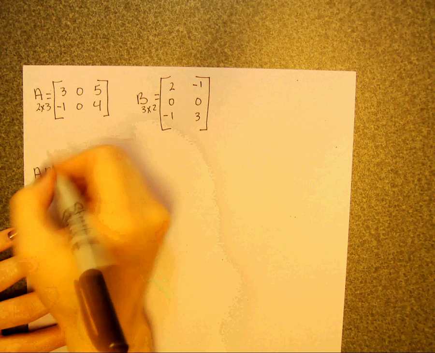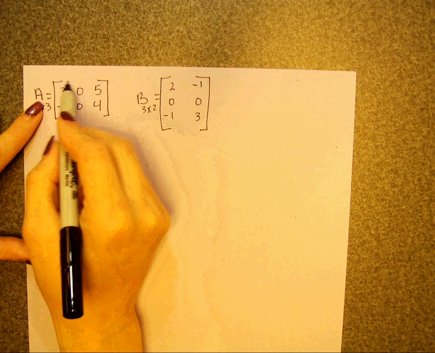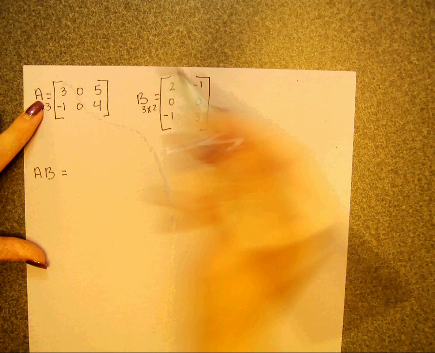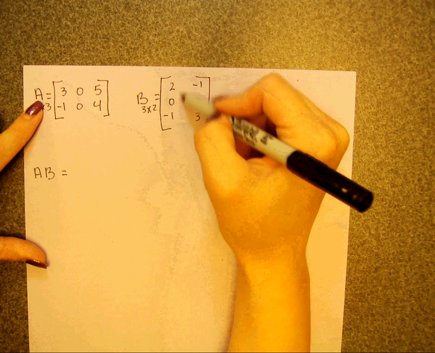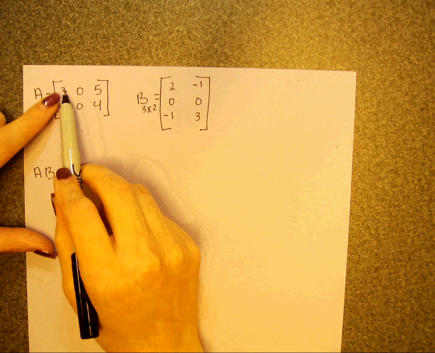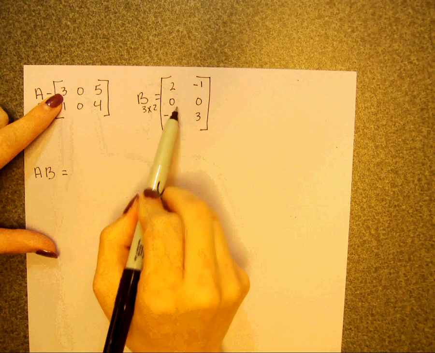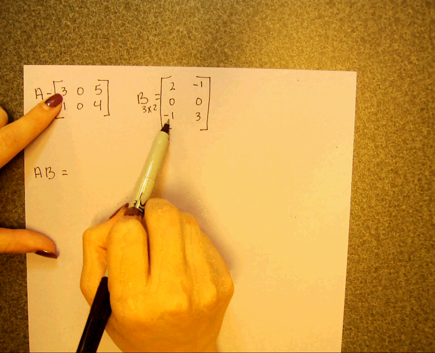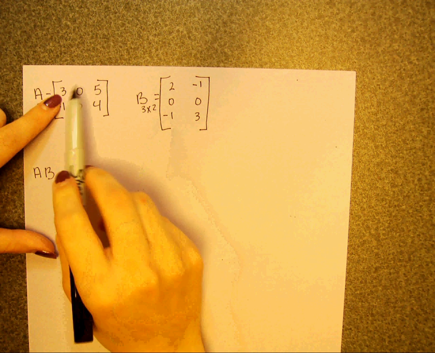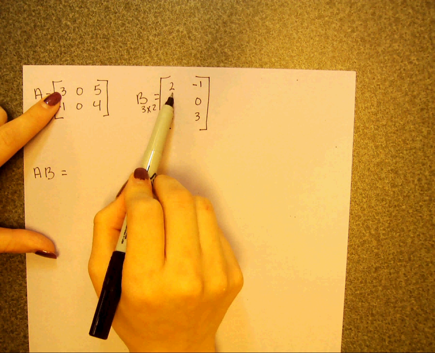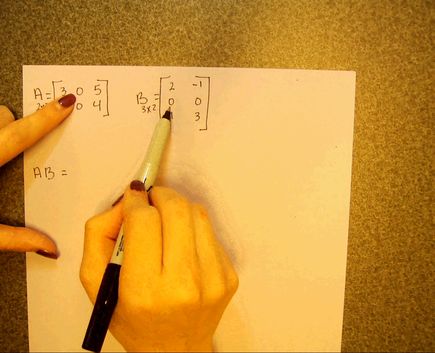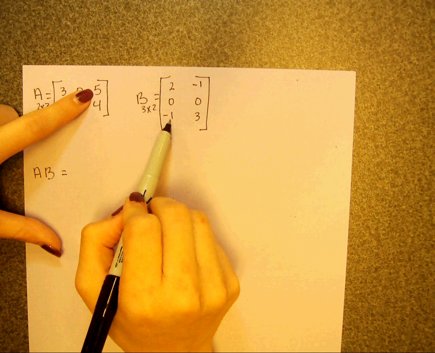So I'm going to take the first row and multiply it times all the numbers in the first column. So I'm going to do 3 times 2, 0 times 0, 5 times -1, and add all of those together. So 3 times 2 gives me 6, 0 times 0 is 0, and 5 times -1 is -5.